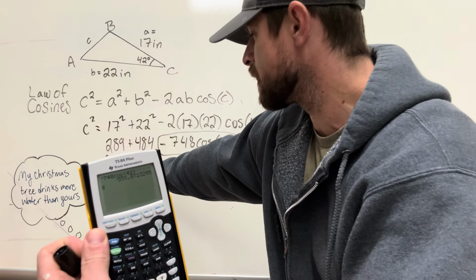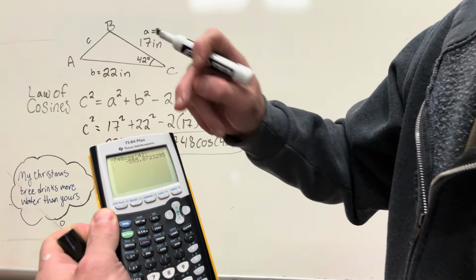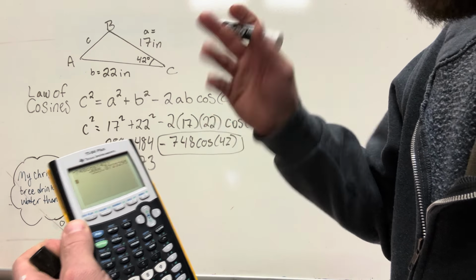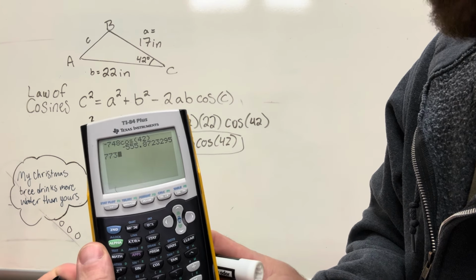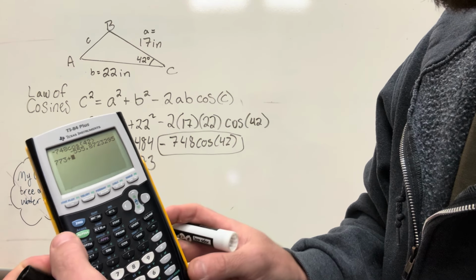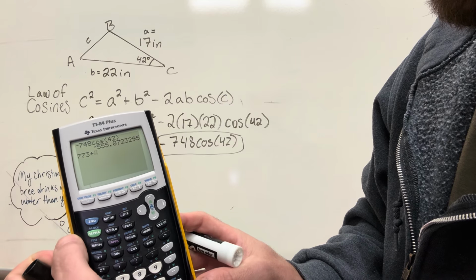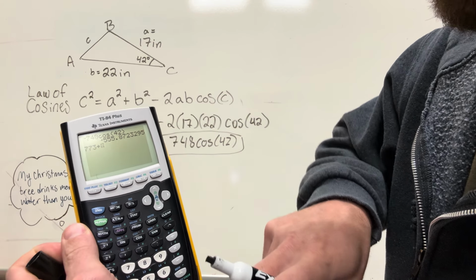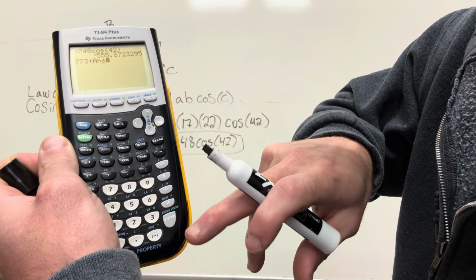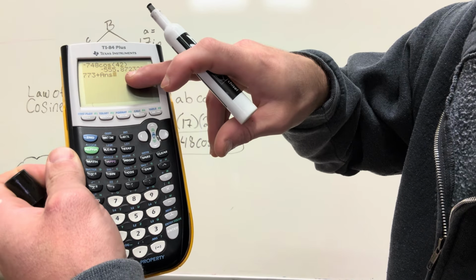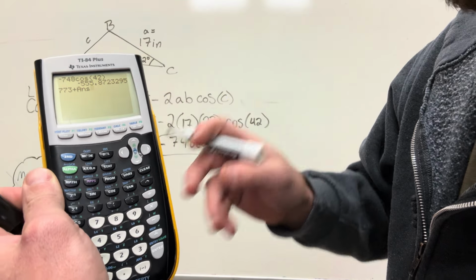You want to take 773, but you want to be taking that away from it. So because it's negative, we can just add it. So 773, okay? And I'm going to add, and then I'm going to say second, that blue button up here in the top left corner, and then this button down here, because this is the answer that I previously got. So now it's taking this answer I previously got, plugging it into my calculator now.